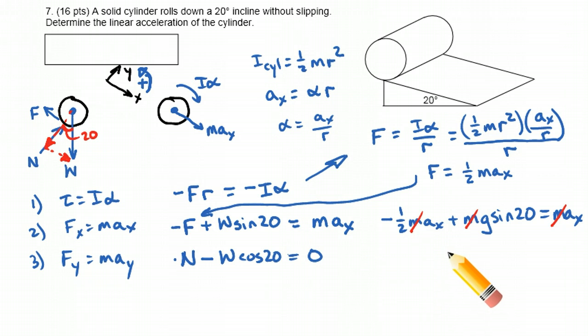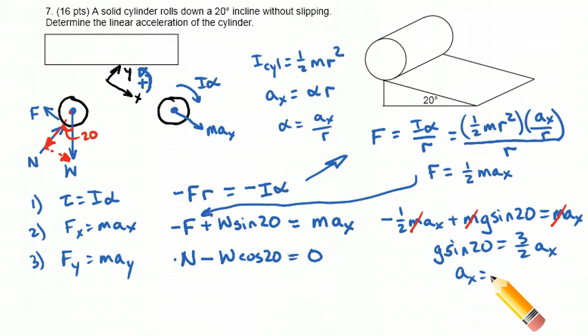And I'm just left with, I take this 1/2 a_x over to the other side. I'll do it in two steps here, so I'll have g sine 20 is equal to 3/2 a sub x, or a sub x equals 2/3 g sine 20.